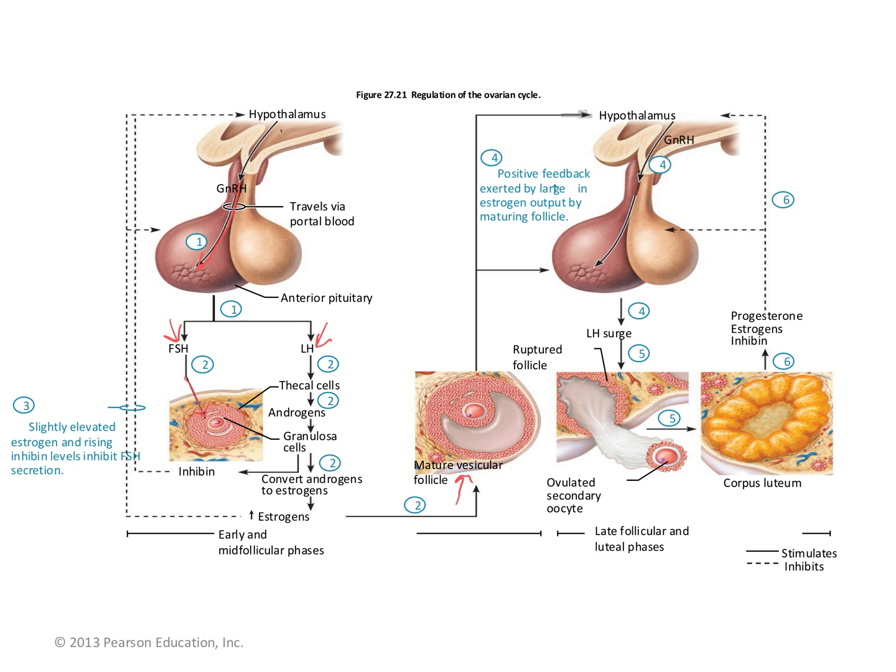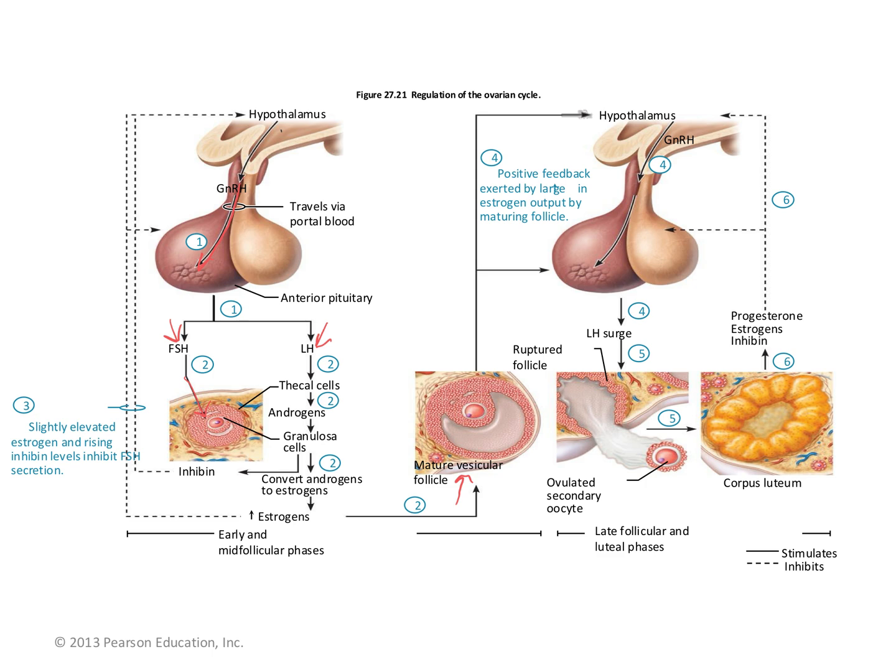Now, something weird happens as our vesicular follicle gets ready to ovulate. Normally, estrogen inhibits LH and FSH. But when estrogen levels get high enough, they actually flip that feedback loop. So it's no longer a negative feedback loop, it becomes a positive feedback loop.